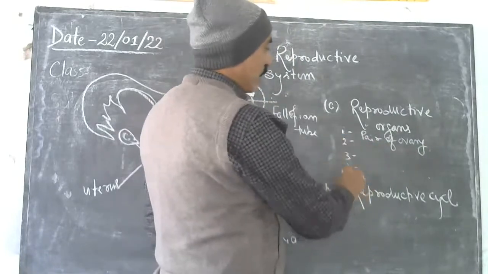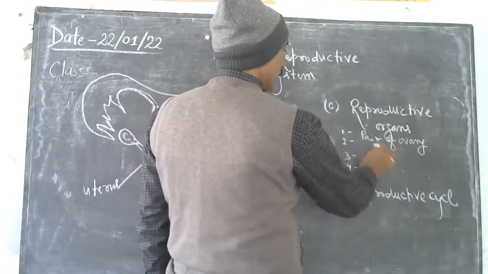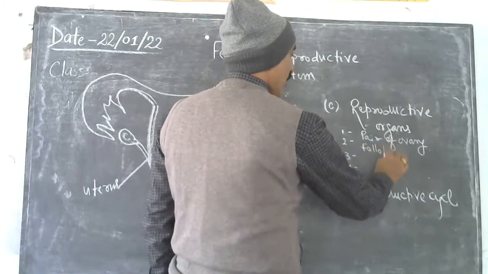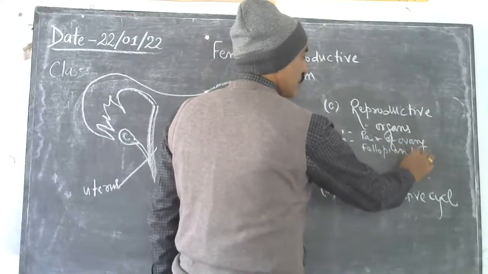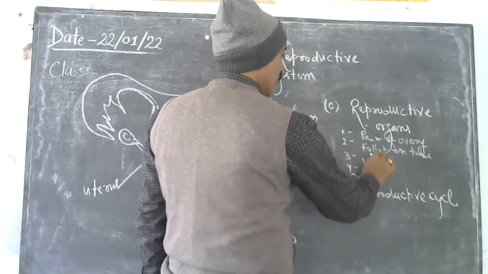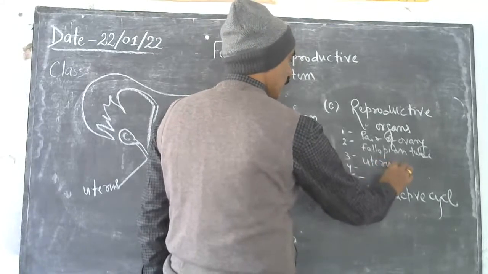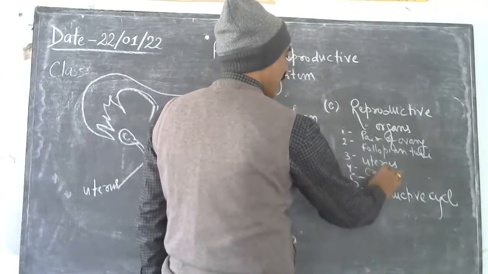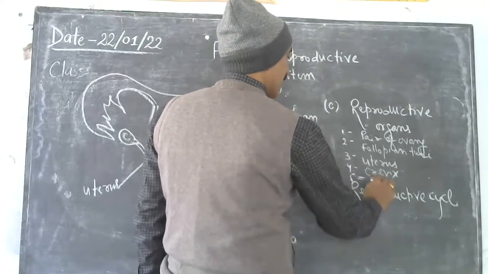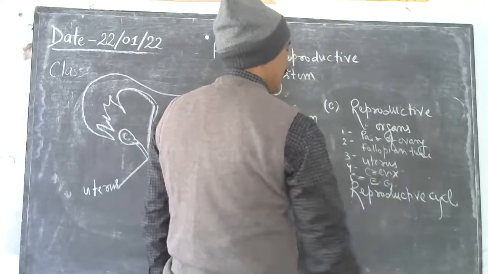But another part is the fallopian tube. Third one is the uterus. Fourth one is the cervix, and fifth one is the external genitalia.